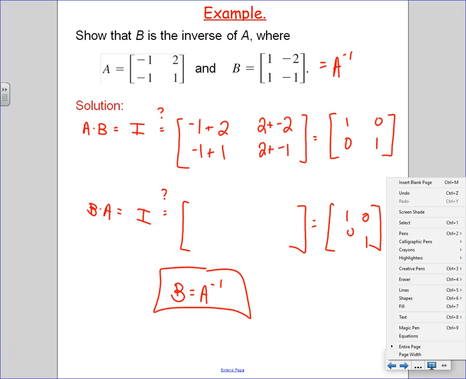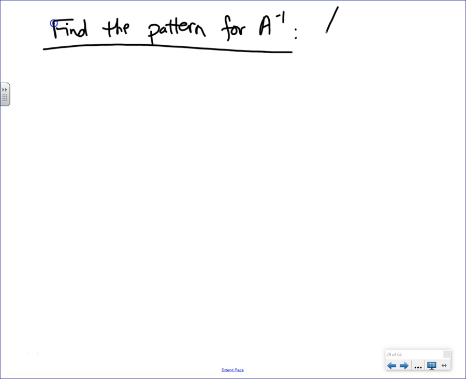Can I show you another inverse matrix? I'm about to show you this one. I'm going to say find the pattern. And hold on, only for 2 by 2s. This pattern only works for 2 by 2s. That's why we're going to use the calculator for anything higher. Okay.